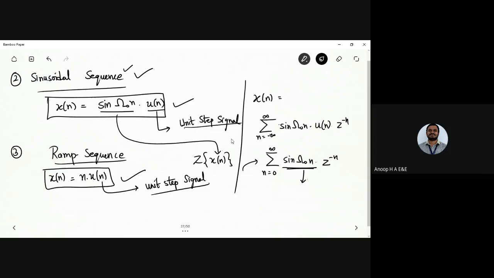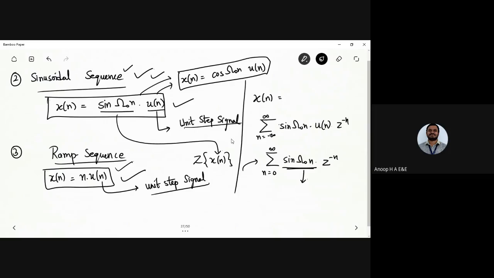In a similar way you can do it for the ramp sequence also, and you can conclude what would be the z transform of the sinusoidal sequence. Make an attempt to solve for x of n equal to cos omega naught n into u of n.